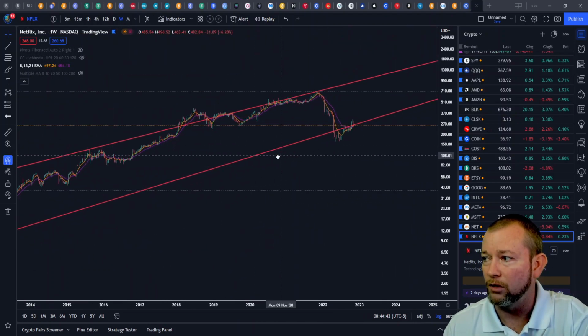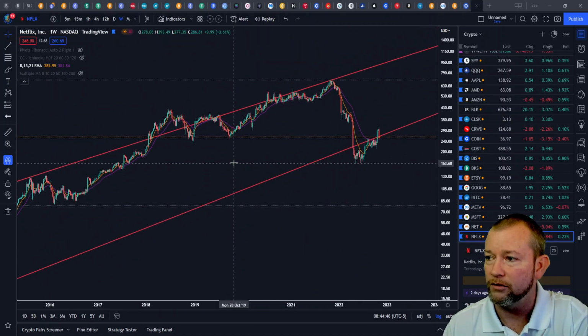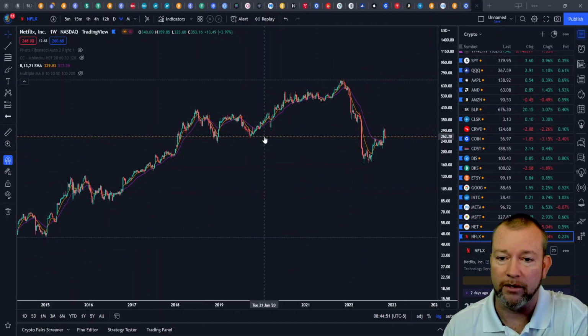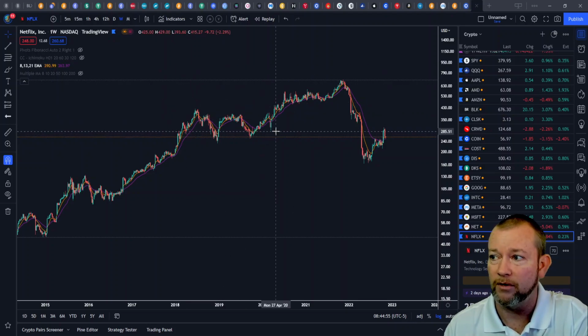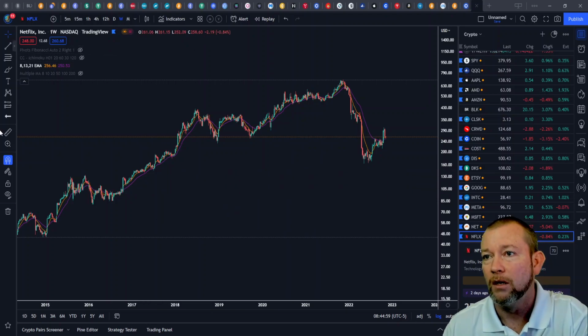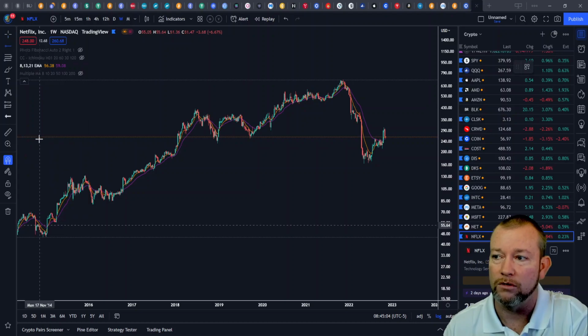Well, let's go into our current market and analyze what's going on here. In order to draw some support and resistance, you want to start on higher time frames. That is also true with trend lines. The higher the time frame you're on, the more reliable data you're going to have. So in order to draw some support and resistance, I'll come up here and maybe use a horizontal ray.